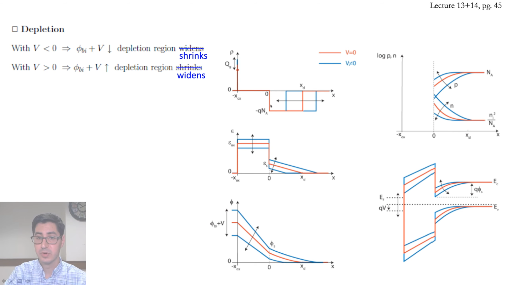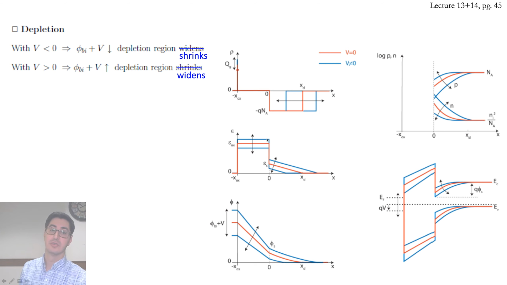So as my depletion width becomes longer, my electric field extends further into the semiconductor, and my surface electric field becomes higher. And remembering the different permittivities between the oxide and the semiconductor, we have a step going from the surface of the semiconductor right into the oxide.